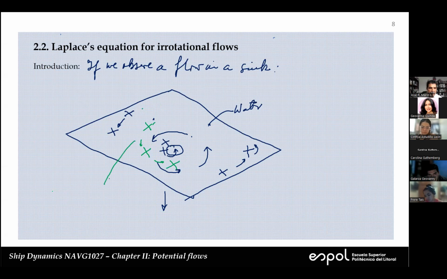So it's like saying in this area there is no rotation, see? So we can say that it's an observation. In this area or region, there is no rotation.